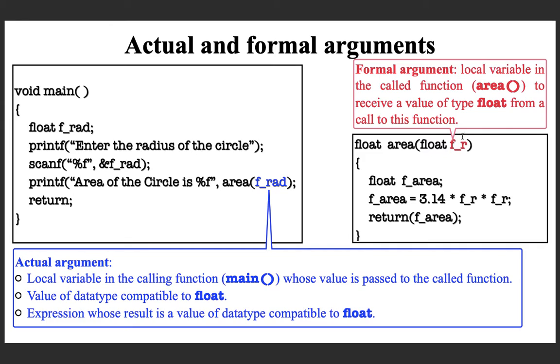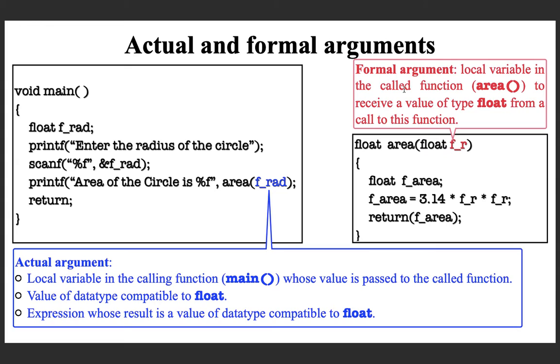So it doesn't matter what variable name you are using here. What matters is the data type. If you declare that formal argument as of type float, then when you call that function, you can pass a value which is compatible with this data type. So the value can be represented either by a constant, a variable, or in general an expression.